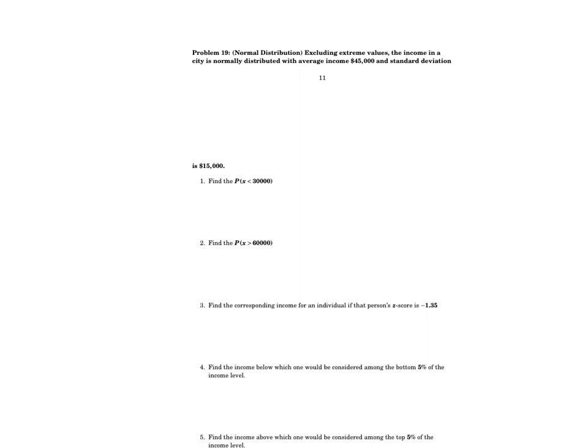Excluding extreme values, the income in a city is normally distributed with average income 45,000 and standard deviation 15,000. It came to the next page. Find the probability that x is less than 30,000. So you just have to sketch it here.